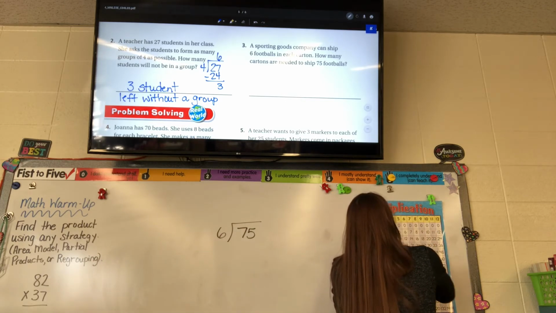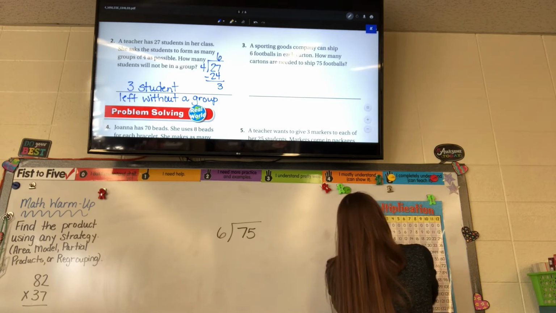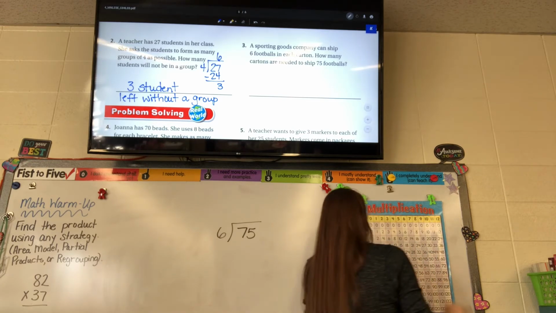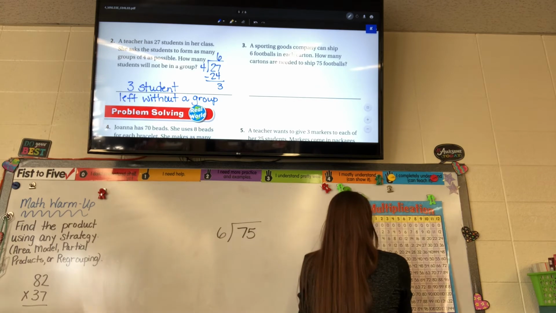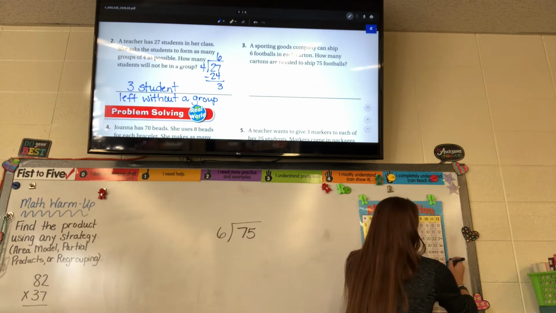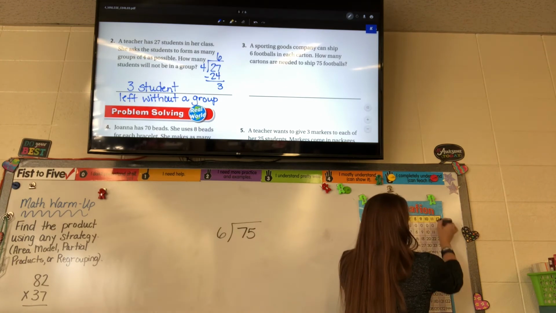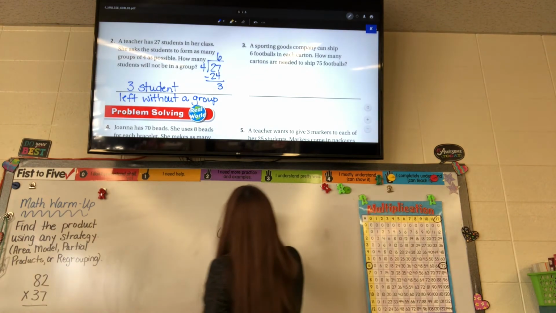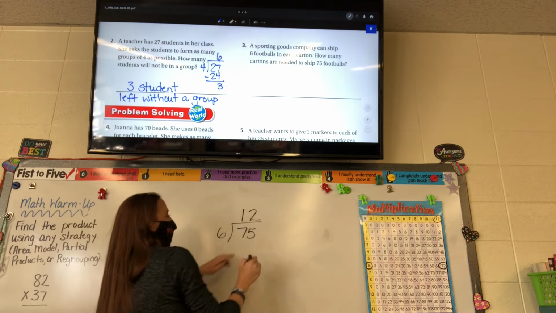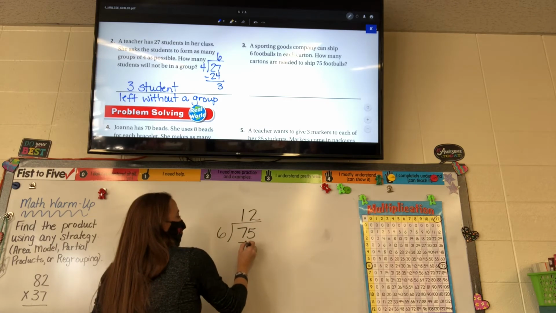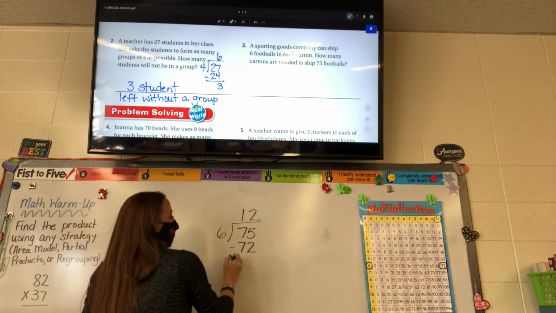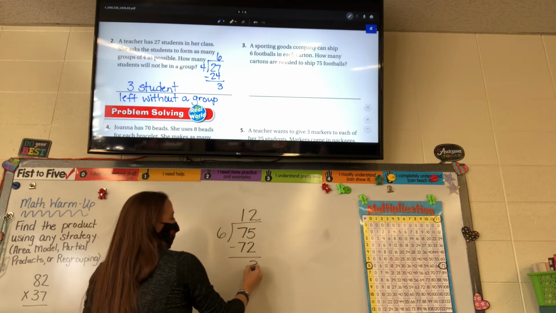What row are we going to go to? The 6th row, and what are we looking for? 75, so on the 6th row, 75 would be between 72 and 78. Look to the left, go up. What do we write on top? 12. What do we write under the 75? 72. 75 minus 72 is 3.